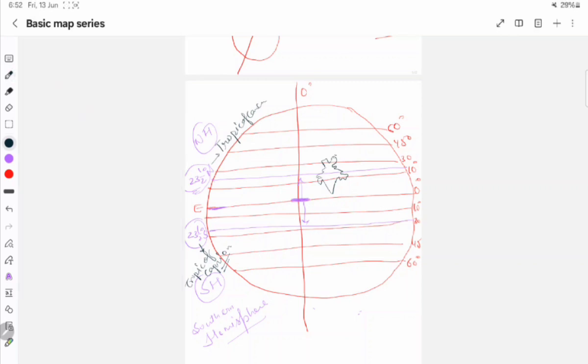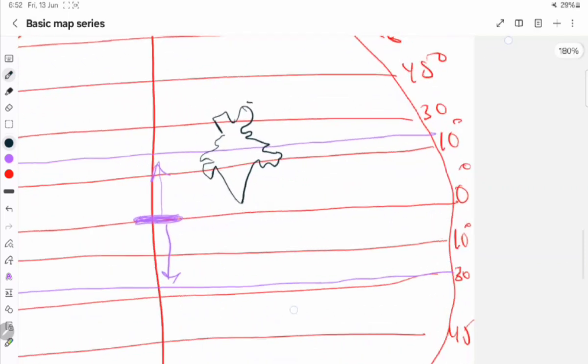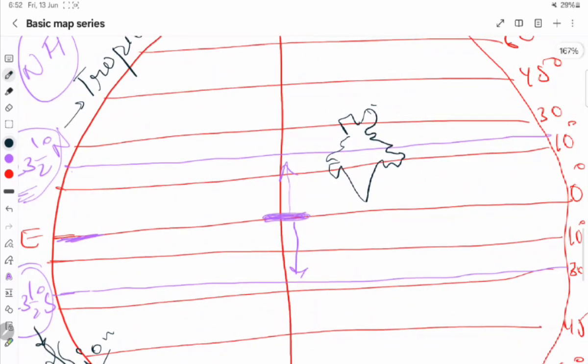Okay, so now we are going to read about India's location aspects. Here is longitude, and here we have latitudes, right? So this is the northern hemisphere.